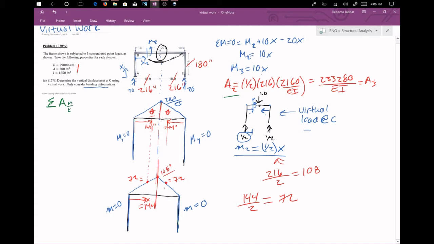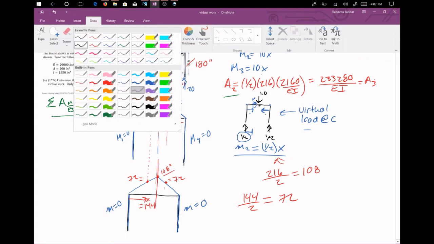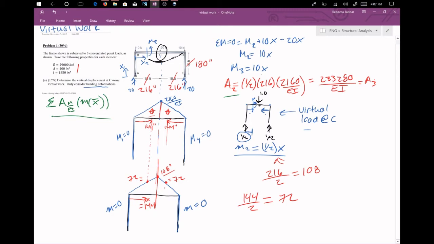So we'll call this the area of that shape, the area of that section of our moment diagram, times the little m value when we put in the coordinate of x at the centroid for our real moment diagram. So we use this to solve for our deflection at C. Again, purple, great color to do answers in.